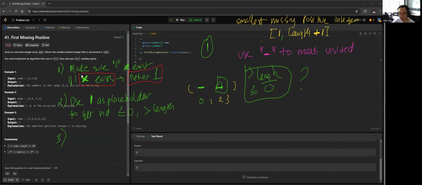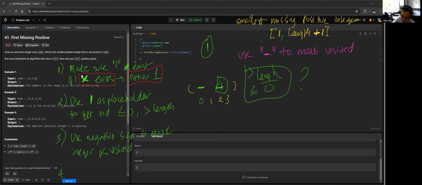We use index 0 to represent the length and the remaining indices to represent the numbers. So we can iterate over those numbers. If it is number 1, we go to index 1; if it is number 2, we go to index 2 and set the value at index 2 to be negative. So you can use the negative sign to mark an integer as visited.